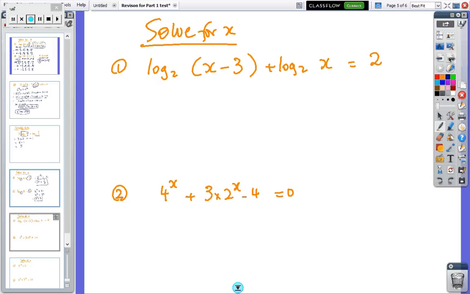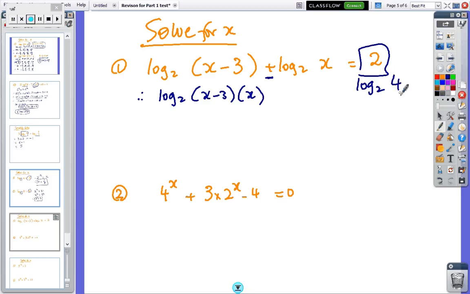Okay, come across when you're ready. Okay, next one, log equations. When you're ready, have a go. Okay, so next one, we've got log base 2 of x minus 3, plus means you multiply. Now this one here, if we're going to turn that into log base 2, that'll be log base 2 of 4.